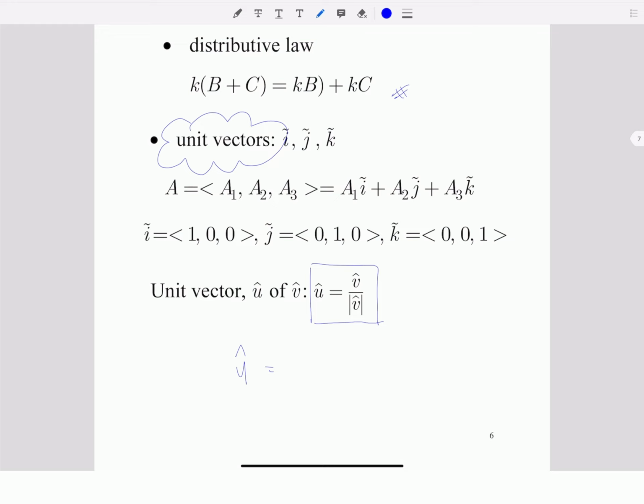To calculate it, we take the vector v over the magnitude of v, so v hat equals vector v over the magnitude v.